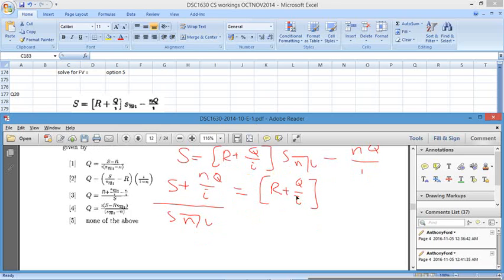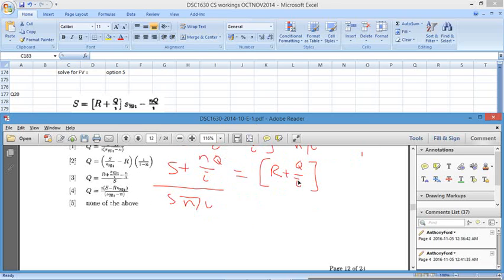then what I'm going to do, I'm going to have to get rid of the R and the I in the denominator for the Q over I. So I'm going to have to move the I across, so it'll be brackets S plus NQ over I over S N I, minus R, and then this T here needs to be multiplied by all of this.